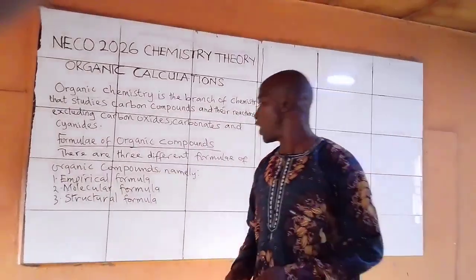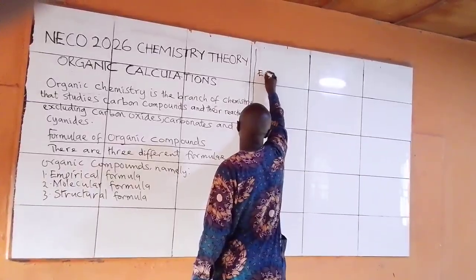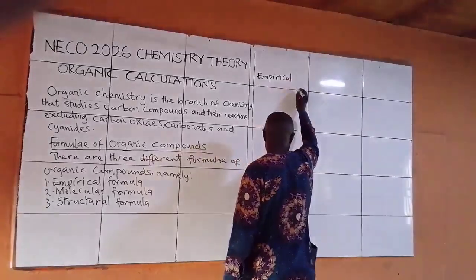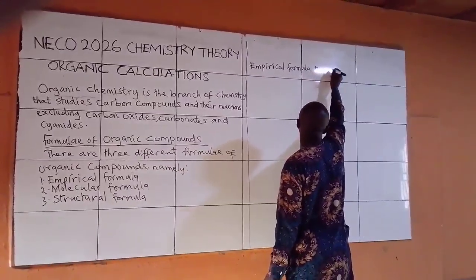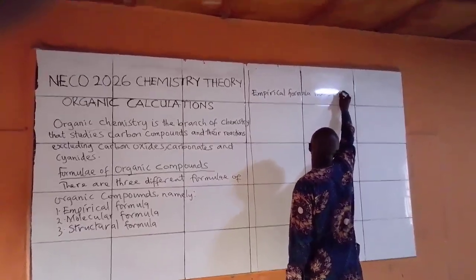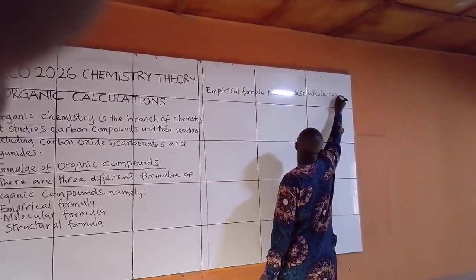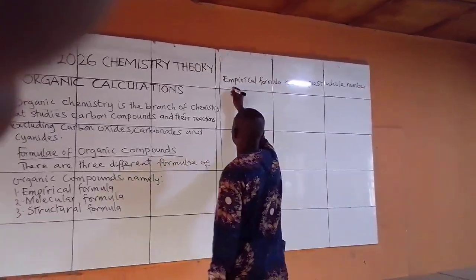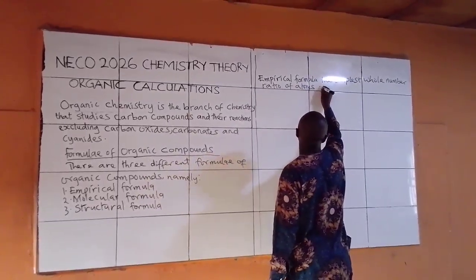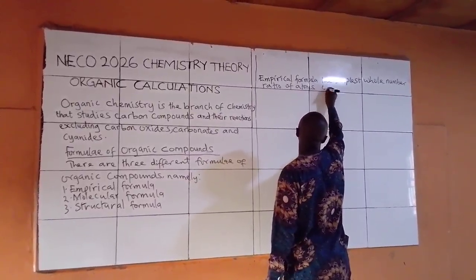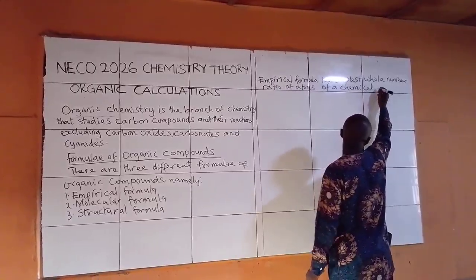Now, what is empirical formula? Empirical formula can be defined as the simplest whole number ratio of atoms in a chemical compound.